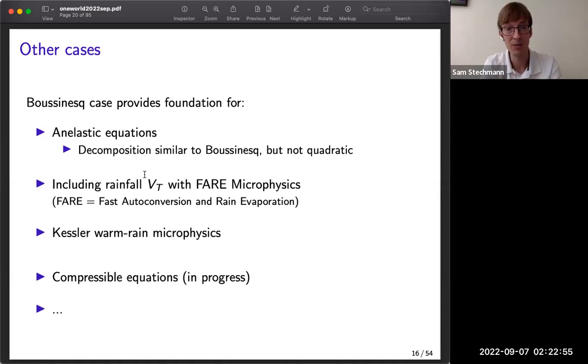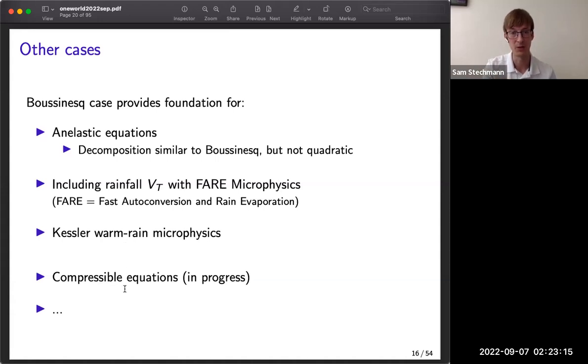We were able to add precipitation and get a really cool conserved quantity in that case if we used a really simple version of microphysics, based on having fast autoconversion and rain evaporation. We've thought a little bit about the Kessler case, but it's not as pretty and clean.